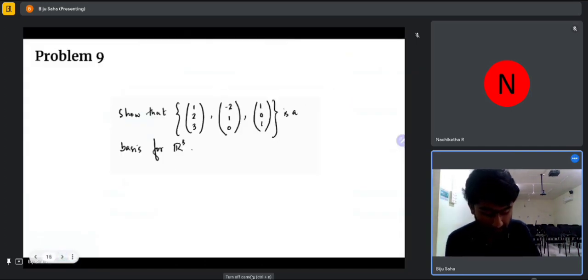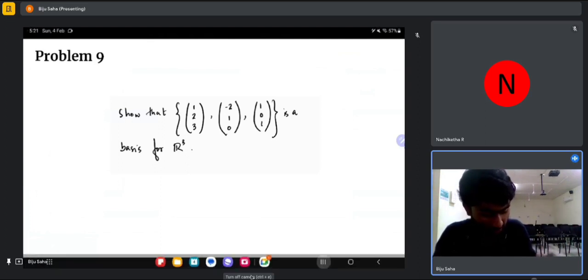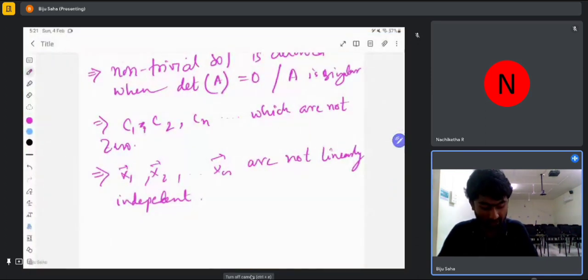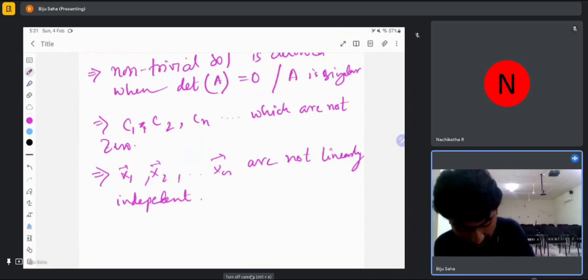Now we have to show that this particular set of vectors forms a basis for real 3x3 dimension. Basis is something that you might have learned: if for a three-dimensional plane we choose a basis, then all other vectors in that plane can be represented as a linear combination of that basis.